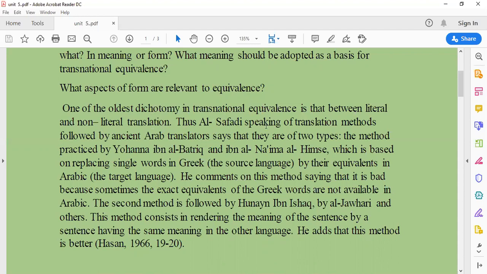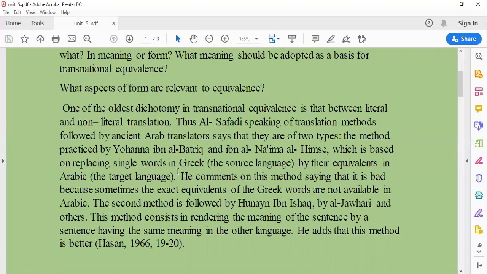Thus, Al-Safadi, speaking of translation methods followed by ancient Arab translators, says that there are two types: the method practiced by Yohanna ibn al-Batriq and ibn Na'im al-Hamsi, which is based on replacing single words in Greek, the source language, by their equivalents in Arabic, the target language. He comments on this method, saying that it is bad.